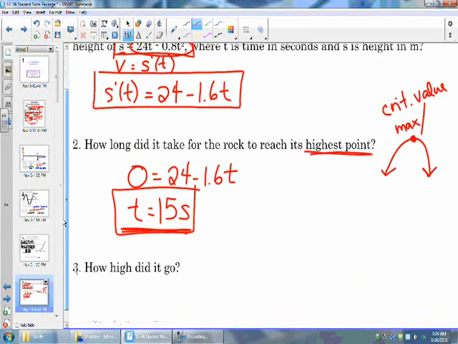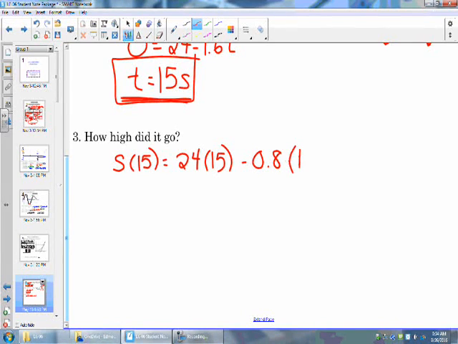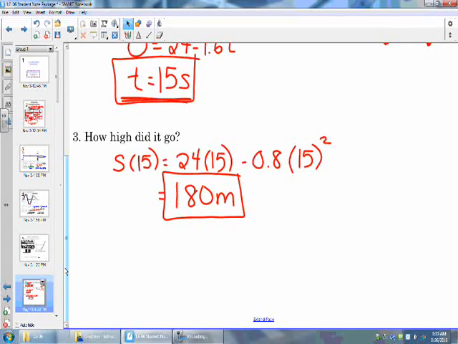Obviously, we're going to substitute that into our original equation. So that's going to look like s of 15 is equal to 24 times 15 minus 0.8 times 15 squared. And when you evaluate that, you're going to get about 180 meters. So that is how we can find velocity.